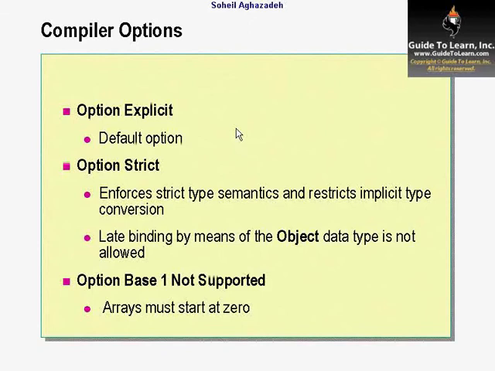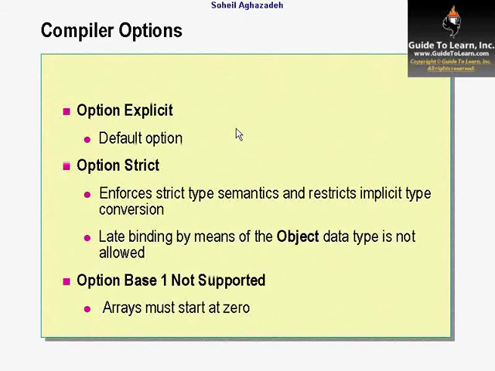Late binding by means of the object data type is not allowed. And of course, if you have late binding, you cannot do it for the object data type. By default, this is off for backward compatibility. If you have a pure native environment for Visual Studio .NET, you can turn that on. And of course, as part of Option Strict, if you select this option, then implicit widening type conversion, for example, converting integer to long, is allowed.